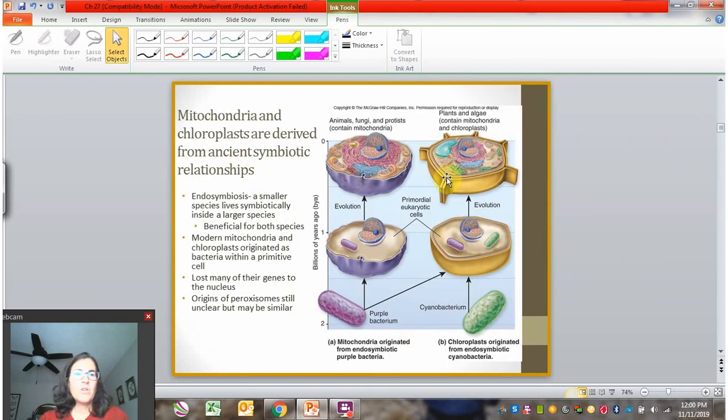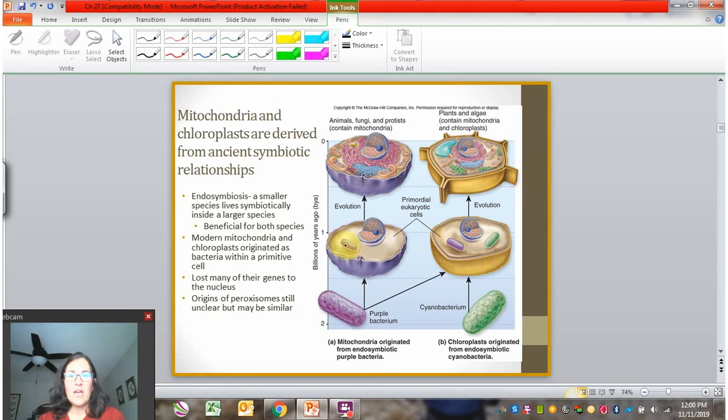And so you learned about this in a previous class, but just to remind you, mitochondria and chloroplasts are derived from this ancient symbiotic relationship. So again, it's called endosymbiosis. It's when a smaller species lives inside of a larger species, and this is actually inside of the cell. So what we think happened is that a proteobacteria moved into the inside of this early eukaryotic cell.